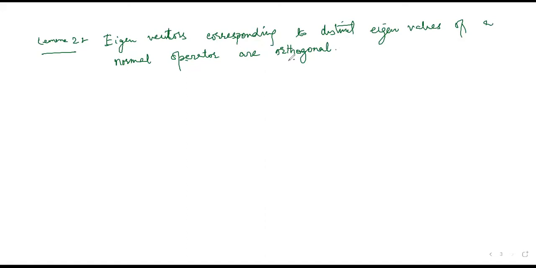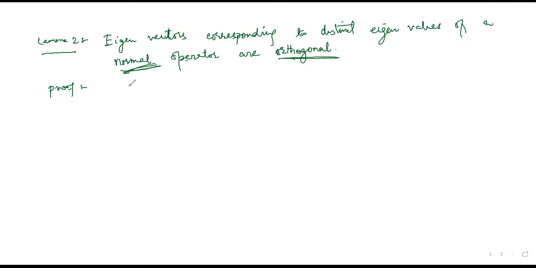We had shown that eigenvectors corresponding to distinct eigenvalues of an operator are linearly independent. But if the operator is normal, it's much more than that: they are orthogonal. Orthogonal vectors are always linearly independent, which we have proved somewhere. So let's do the proof of this.